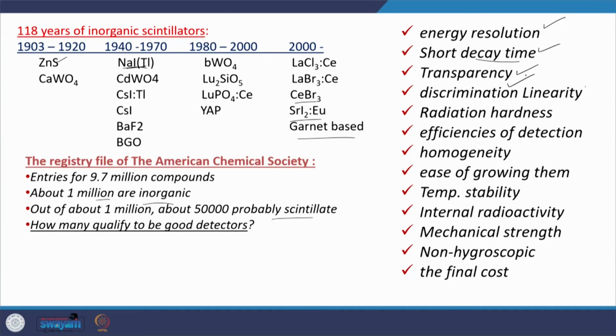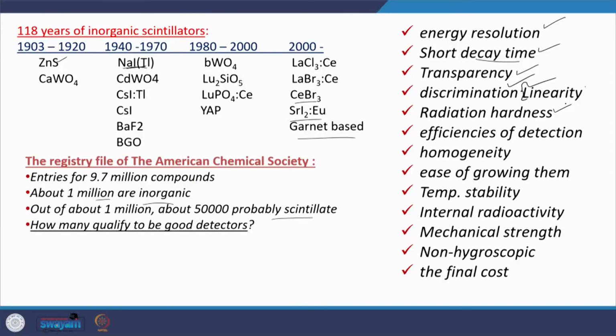So, we should have a short decay time and then it should be transparent to the optical photons generated within the scintillator, and discrimination of different types of radiation, and here totally different point, that is linearity of the detector. That means the relation between energy and the pulse height should be linear.